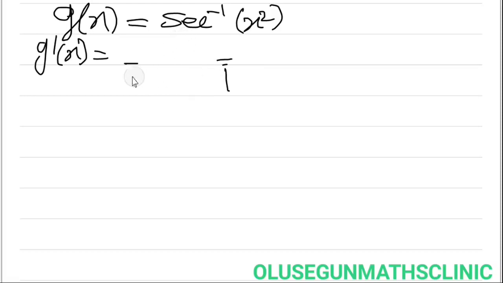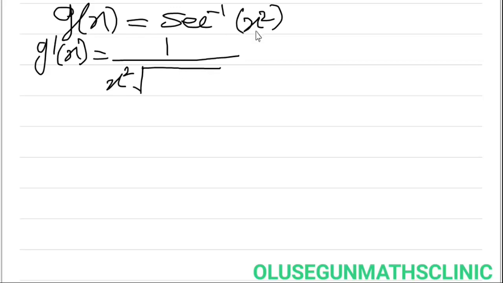Let me rewrite. Recall that our x now is not ordinary x, it is x squared. So instead of writing x, you now write x squared, so you write 1 over x squared square root of x squared squared minus 1.